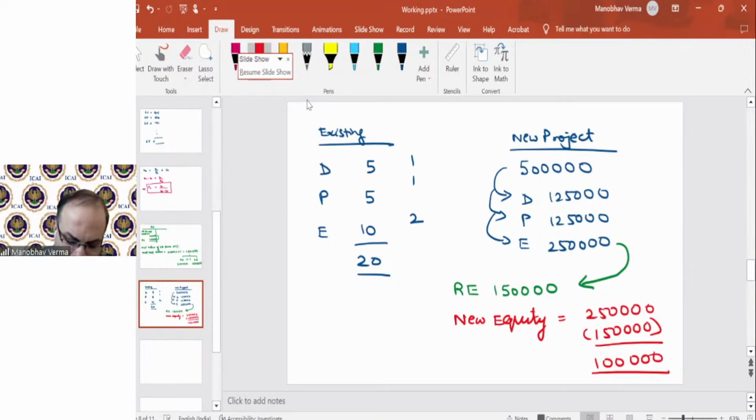So the new project needs the same proportion of debt, preference, and equity. And if you already have retained earnings, your new equity will be only 1 lakh, not the entire 2,50,000.